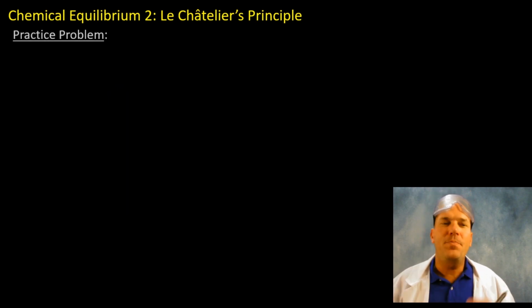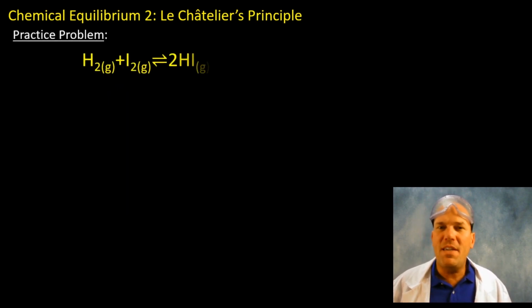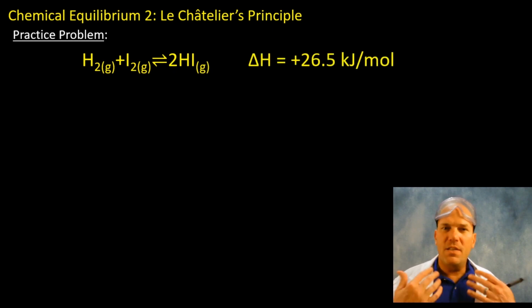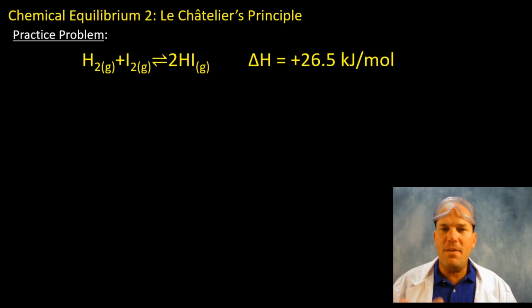Now let's do one practice problem. Our system in dynamic equilibrium is one in which we have hydrogen gas reacting with iodine gas to yield hydrogen iodide gas. We're given the enthalpy value as positive 26.5 kilojoules per mole.